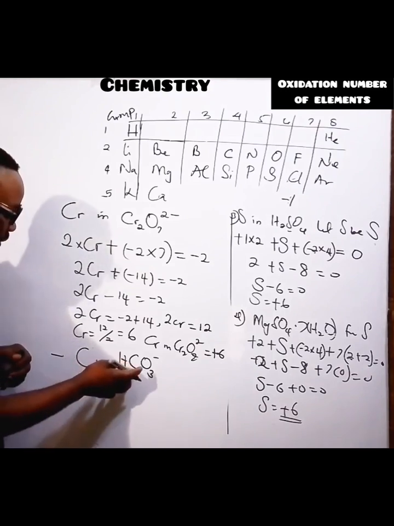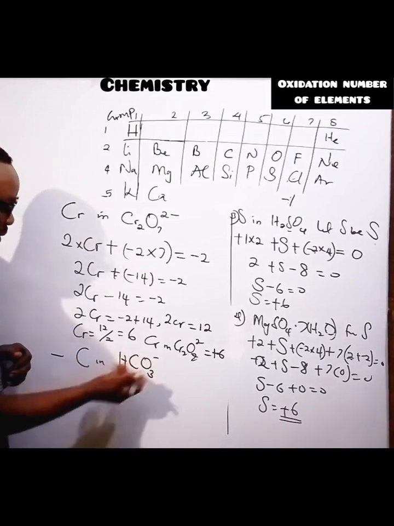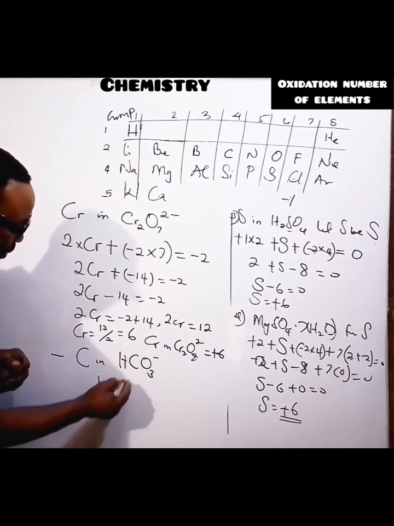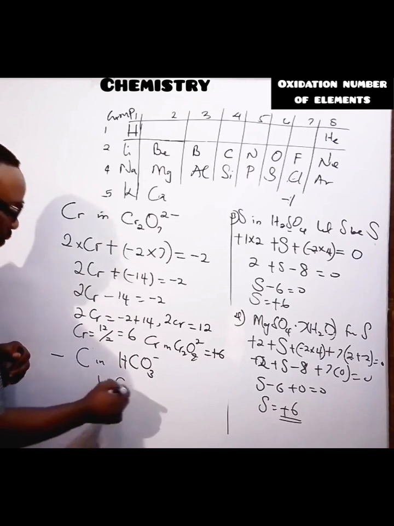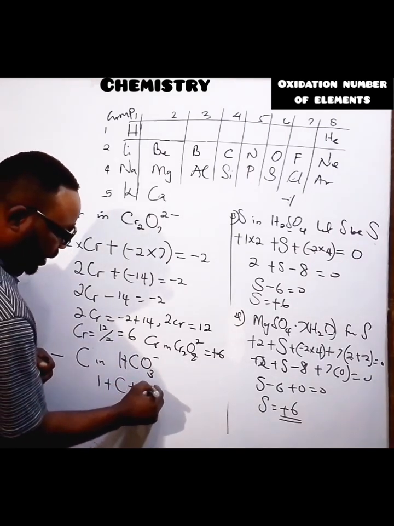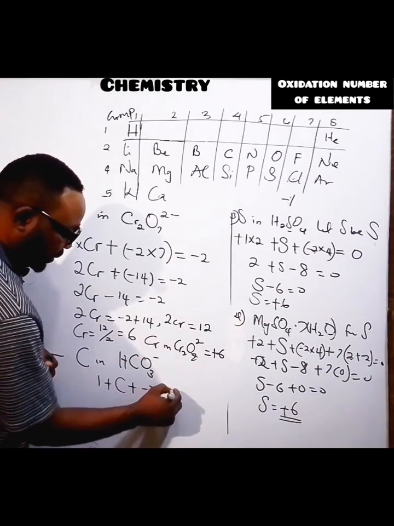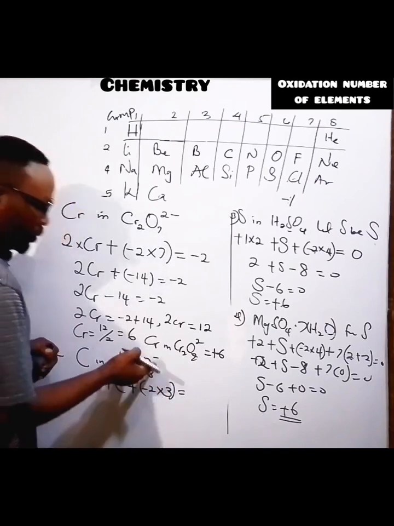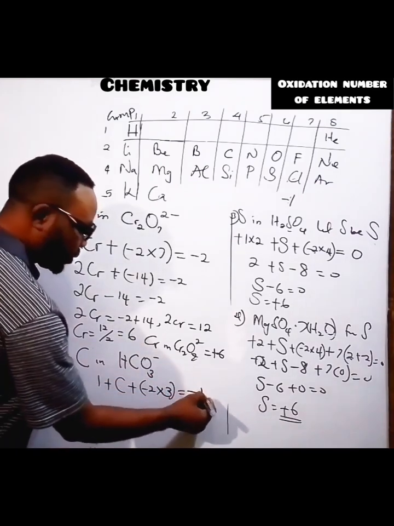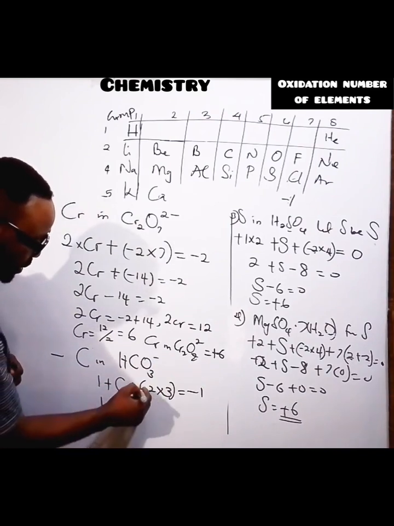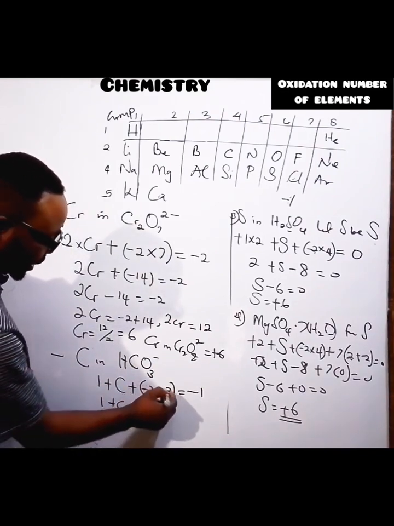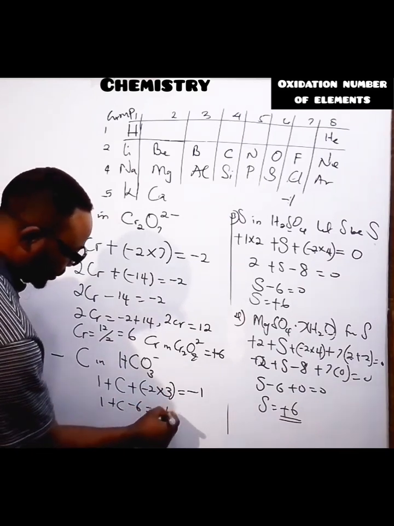So the oxidation number of hydrogen here, in its compound state, is +1. Carbon is what we are looking for, represented by C itself, plus -2, that's oxygen, multiplied by 3, equal to, what is the charge on it? -1. So we're having 1 plus C plus -2 times 3, which is -6, equal to -1.